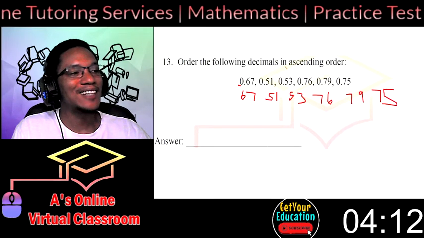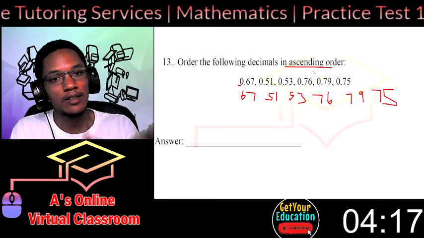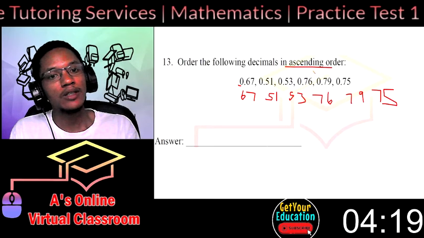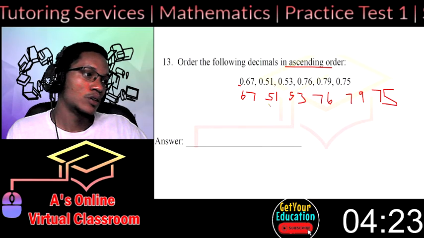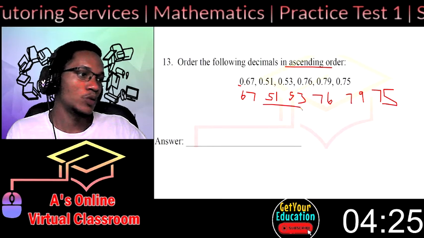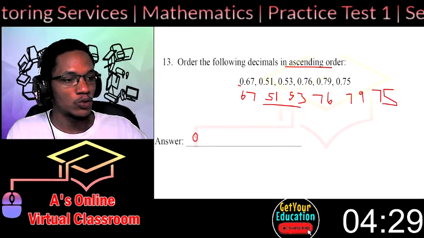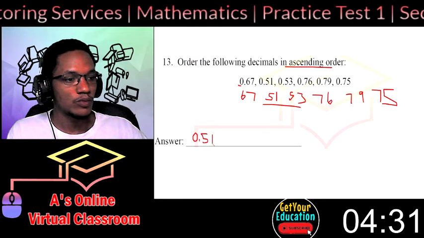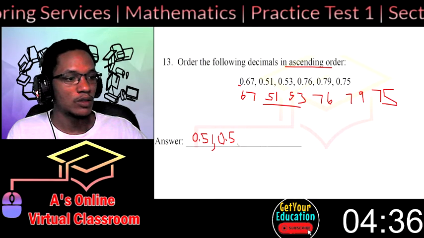So ascending order, to ascend means to rise. So we're going from a low point to a higher point. So we're going to take the smallest number first, which just happens to be 51, and then 53. So instead of writing 51, I will write 0.51, comma, 0.53, comma.